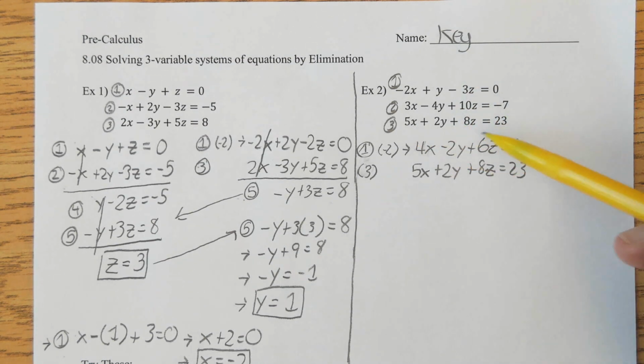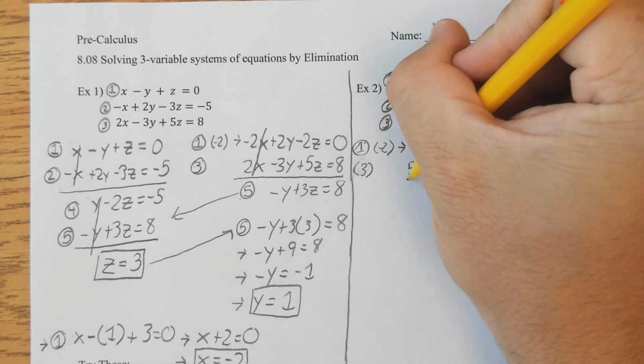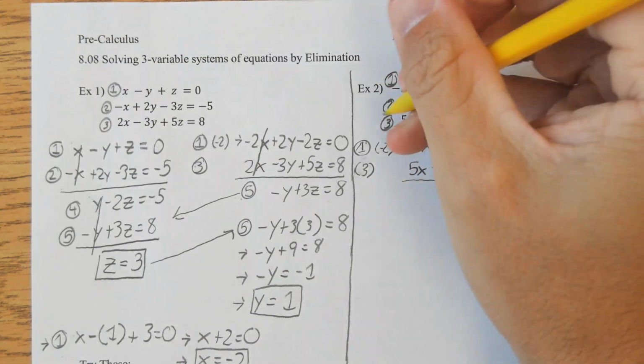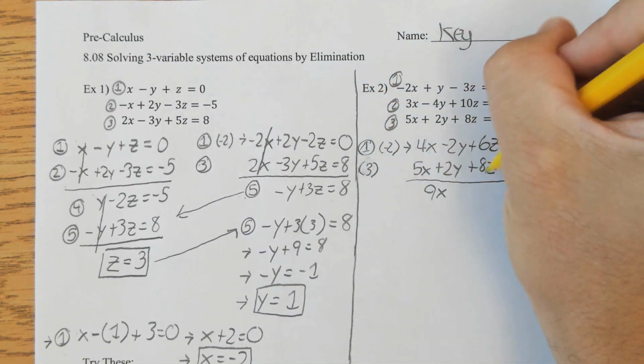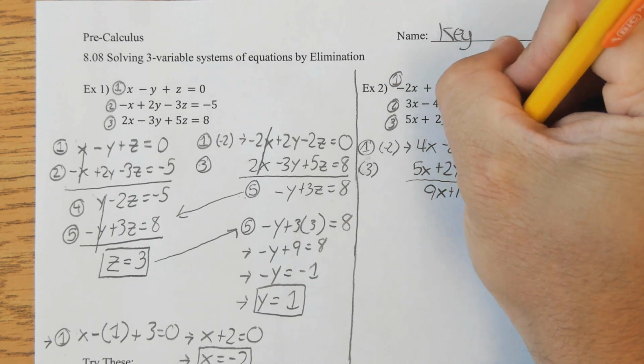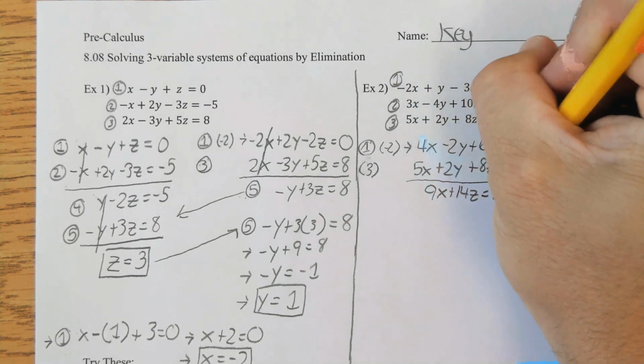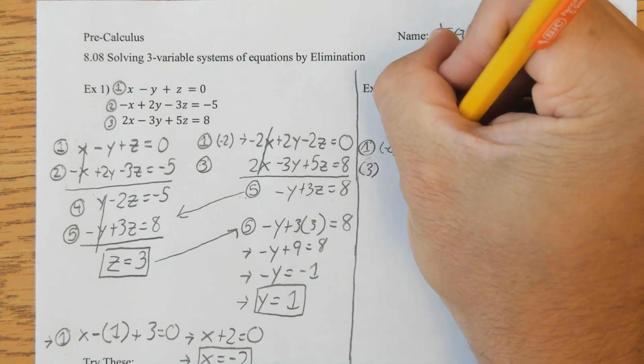I didn't have to change this bottom one at all because look what happens here. Are the y's going to cancel out? They are. So we're going to go ahead and add this all together. So it's going to give me 9x plus 14z equals 23, and we're going to call that equation 4.